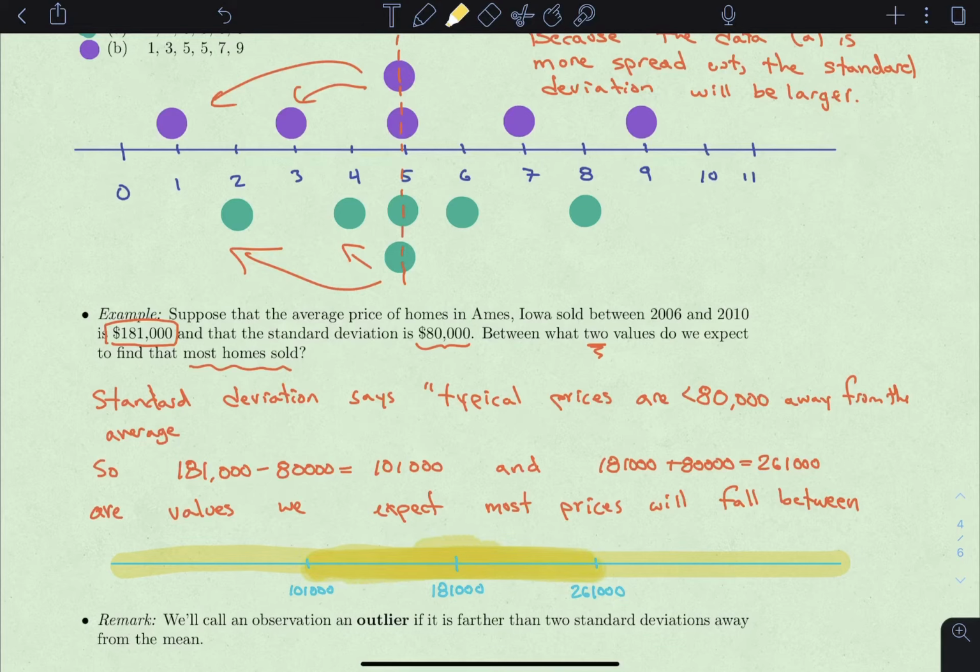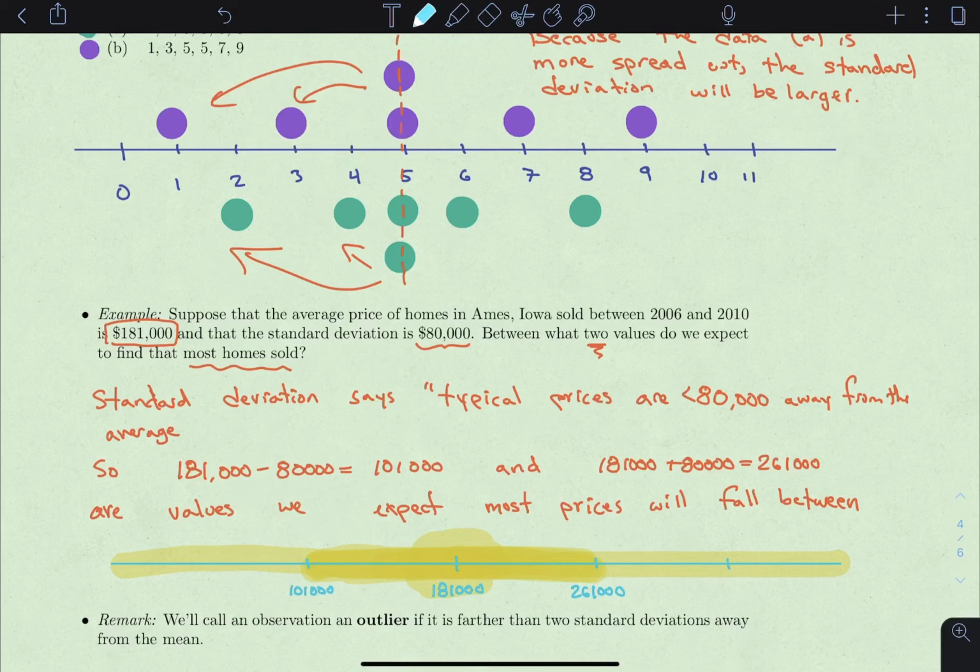The standard deviation is saying most of the homes should be within one standard deviation of the mean. That's a common phrase you'll hear: within one standard deviation of the mean. And then this last comment says observations are going to be considered an outlier if they're farther than 2 standard deviations away from the mean.